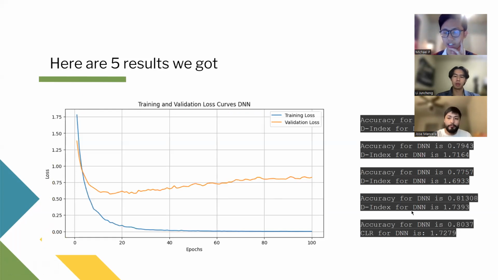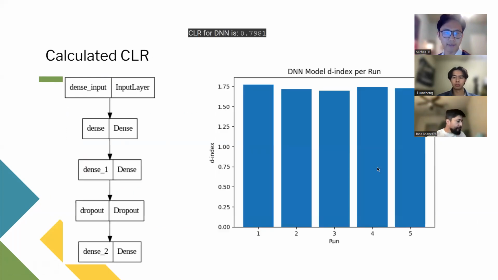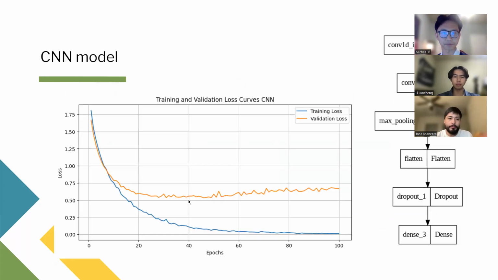As we can see here, this data set is not as well structured as the MNIST data. Of course, our accuracy is 0.8. Over here, they're all pretty good with a D index of 1.7, which is definitely an acceptable success rate. Some of the D index visualizations are here, and on the left, we have the model structure.